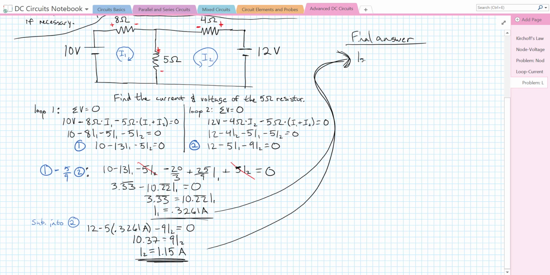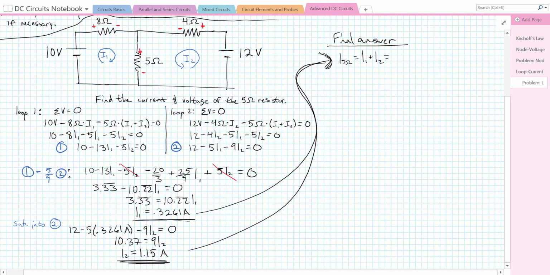I through the 5 ohm resistor is equal to I1 plus I2. So that's going to be equal to 1.15 amps plus 0.326 amps. And that gives us an I 5 ohms of 1.48 amps.